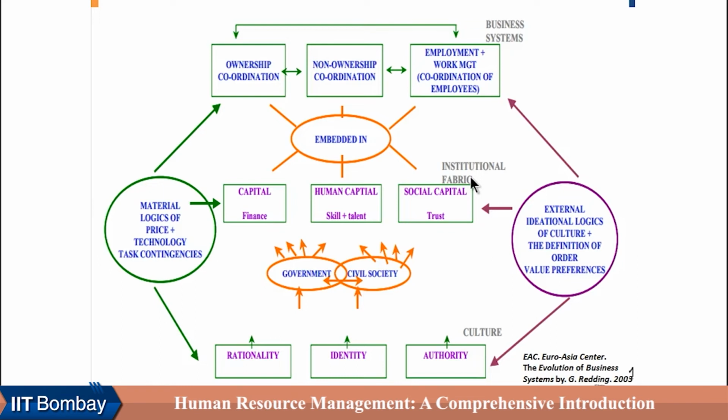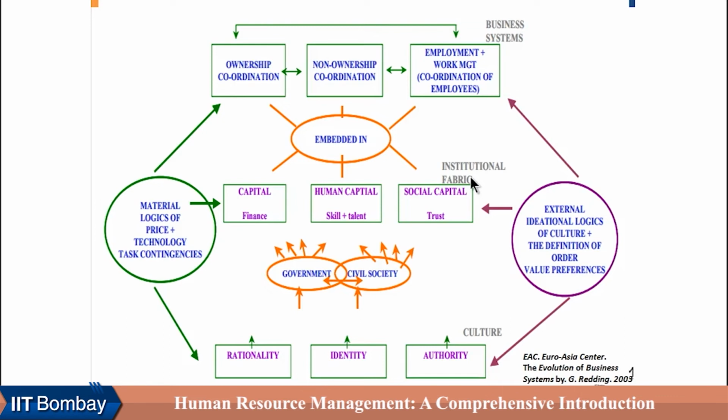For culture to result into institutional fabric, we need to understand 2 more very important factors: governance and nature of civil society. If civil society is very proactive and governance is welfare oriented, you will have a different kind of institutional fabric emerging in that society.